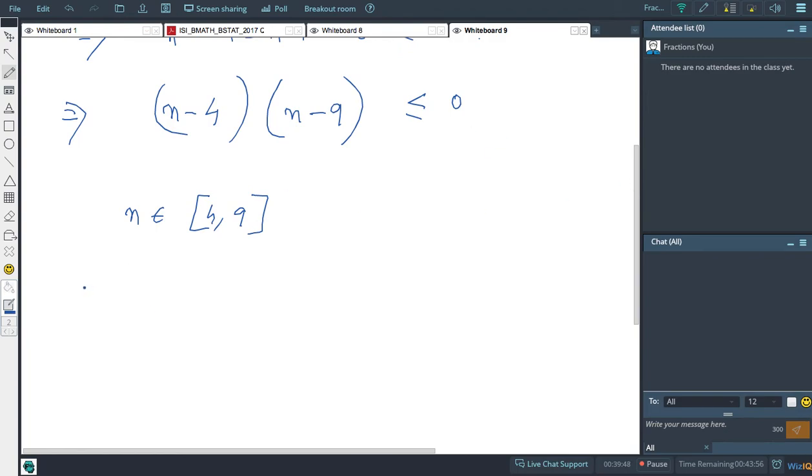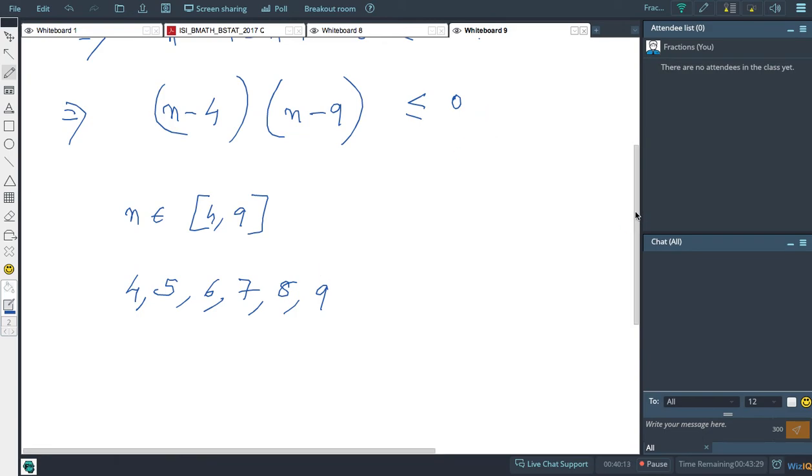So the n's that satisfy this relation are 4, 5, 6, 7, 8 and 9. I mean, this inequality I'm talking about, I'm not talking about part B. So they satisfy this inequality.